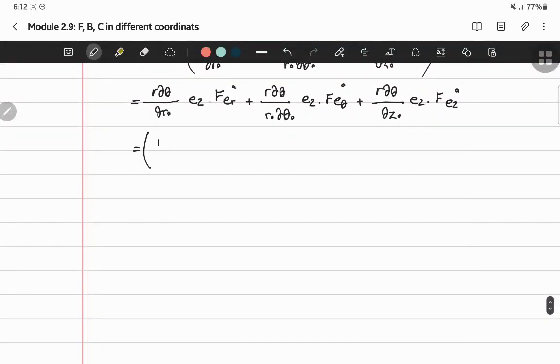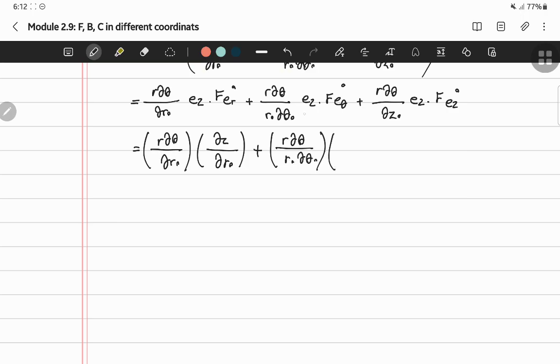So I have R partial derivative, then ER, this is partial derivative of Z with respect to R0 plus R theta 0, then I have R. Then this one is C with respect to R0 theta 0 plus R0.